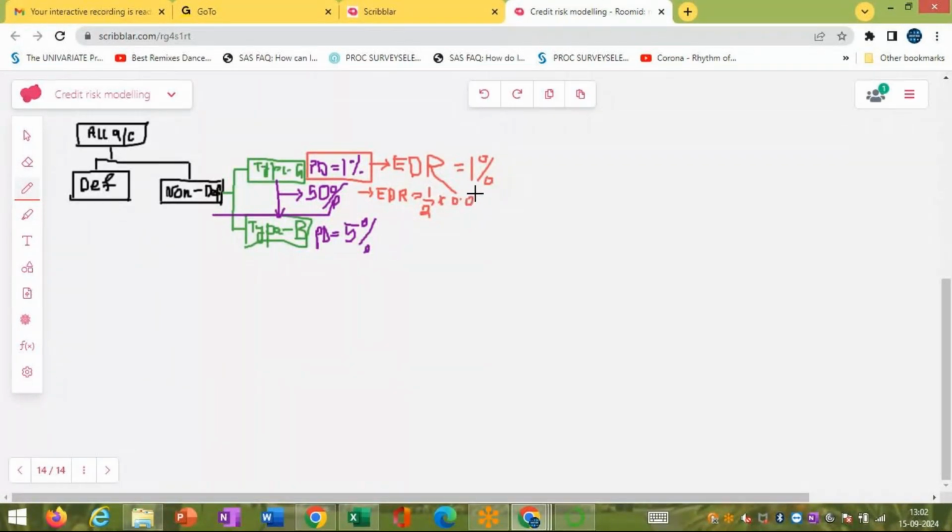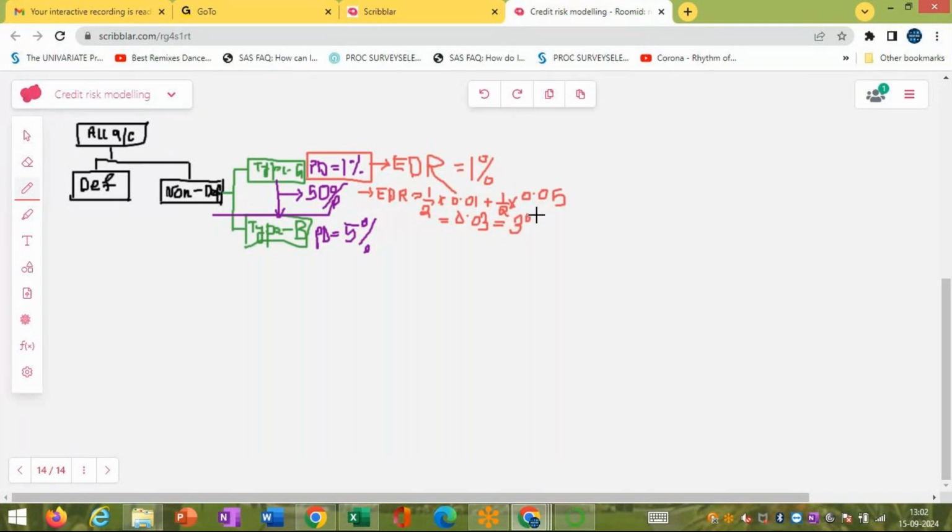0.01 plus half of 0.05. Okay. So over here, if I do the sum product, this will come out at 0.03, because between 1 and 5, 3 is the midpoint, which is roughly 3%.